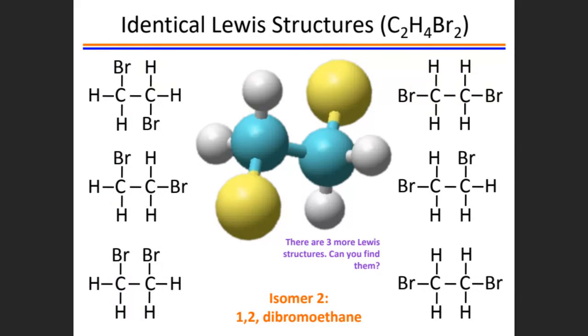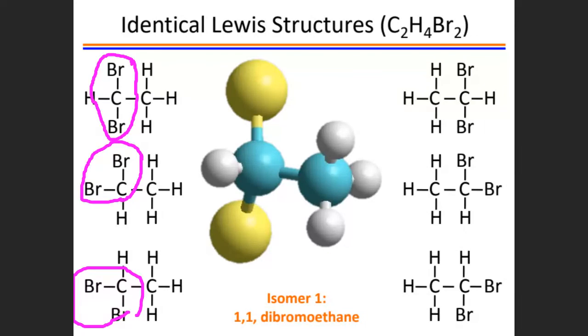There are 3 more Lewis structures. Can we find them? So we find here 3. Is there any more? Oh yeah. See here, if we just rotate, free rotation, we saw if we rotate 360 degrees, it can also go this way, correct?